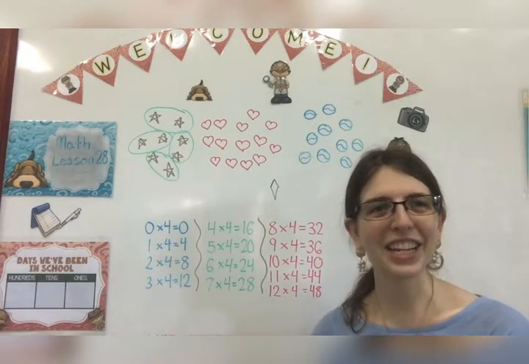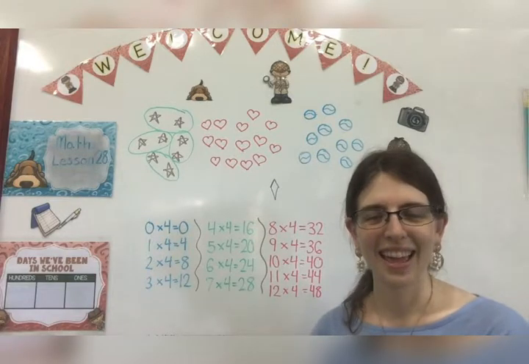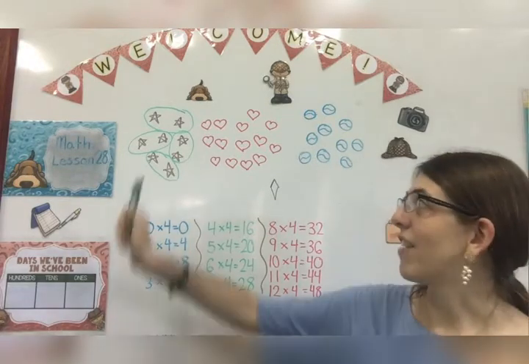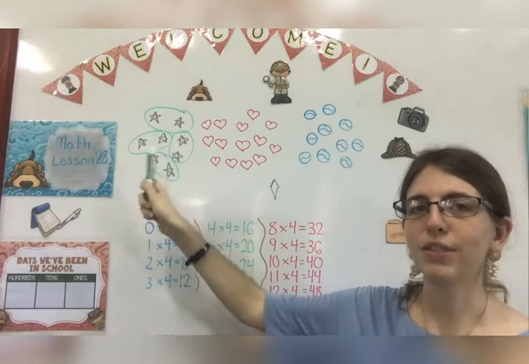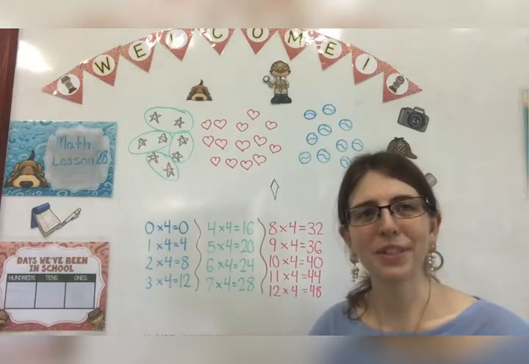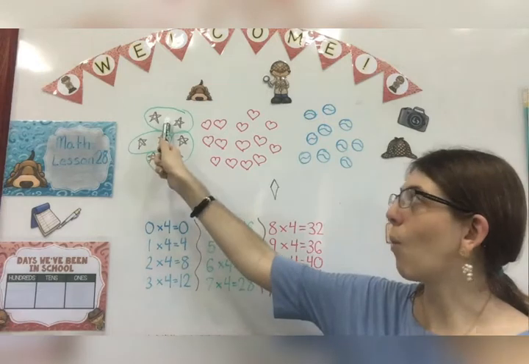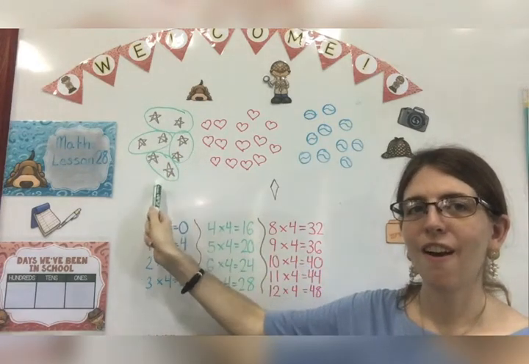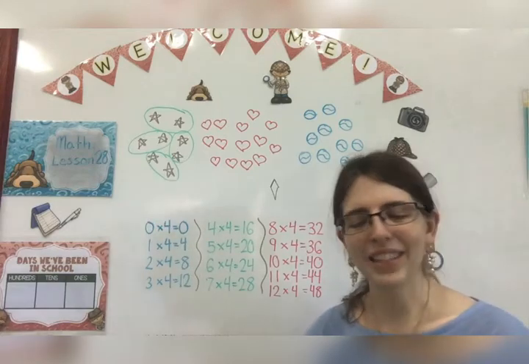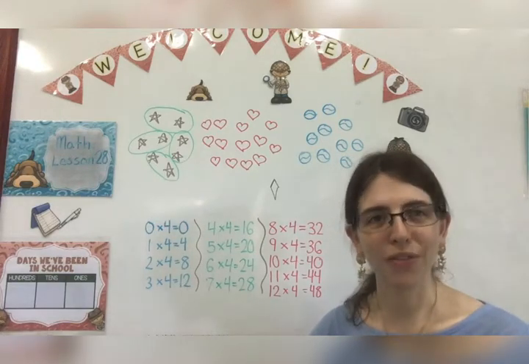Do you have your kinkajous in groups of 2? Very good. So I have 8 stars in all, divided into groups of 2. How many groups do I have? 1, 2, 3, 4. So 8 divided by 2 equals 4.